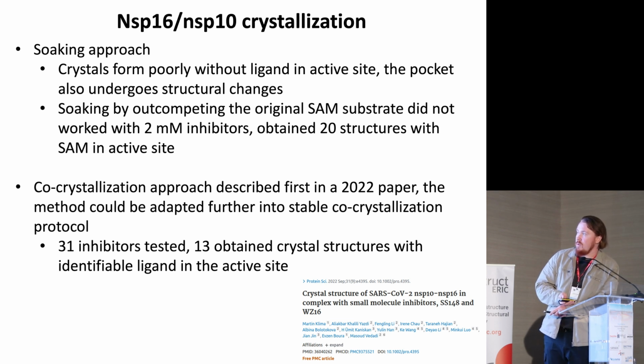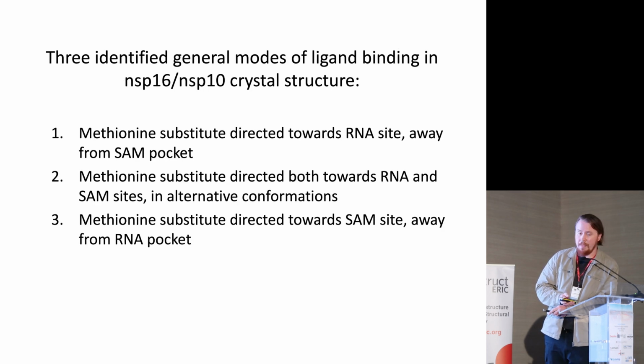So far we have tested 31 inhibitors, and we obtained 13 different crystal structures with ligand in the active site. What we concluded was that these ligands position themselves in three different conformations. One is directed towards RNA, away from the S-adenosyl-methionine pocket.